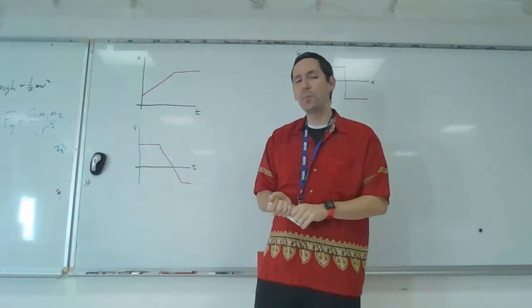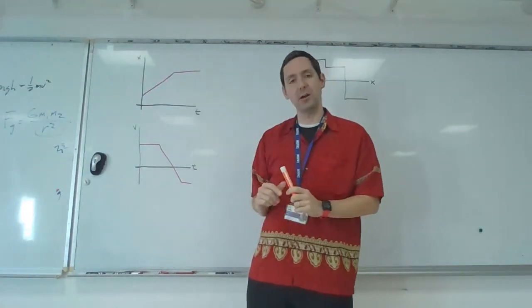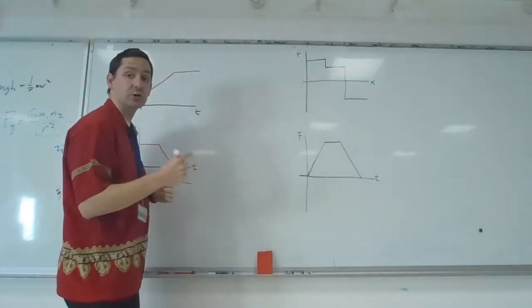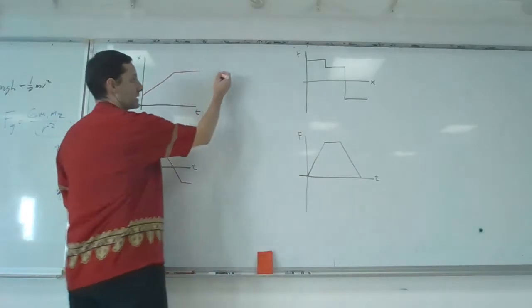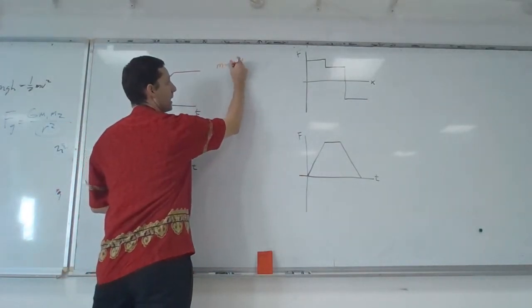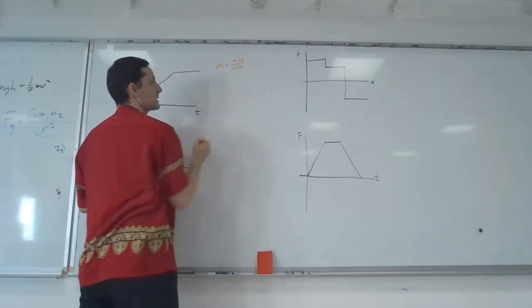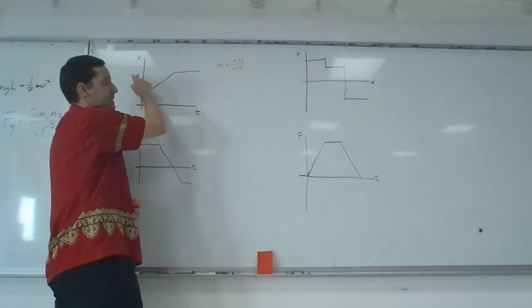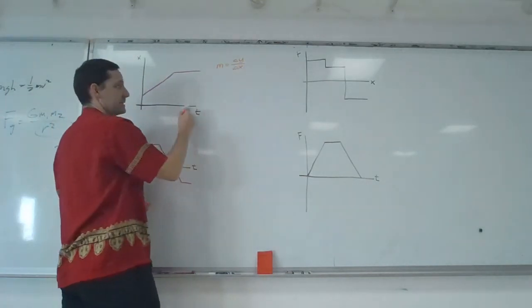The other thing I hope that you remember is that the slope here is valuable. Now remember that slope is equal to change in y over the change in x. So slope equals change in y over change in x. In this situation, y is the position or the displacement, and x is the time.